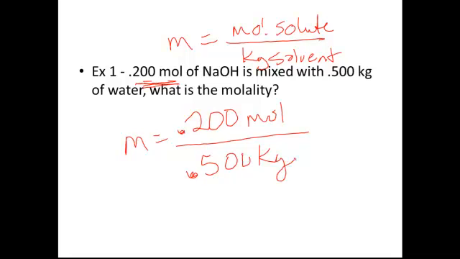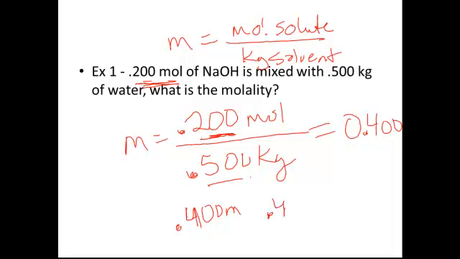We simply put those two numbers into our calculator, 0.200 divided by 0.500, and we get an answer of 0.4 on the calculator, but then we've got 3 significant digits here, 3 here, so we need to add 2 more zeros onto the end of that. And then we can write our answer as 0.400 little m, and that stands for molality, or 0.400 moles over kilograms. Either of those two ways is perfectly acceptable.